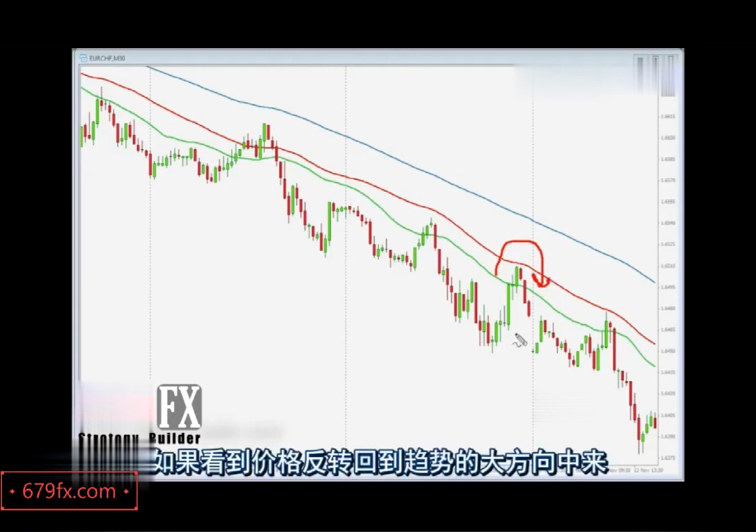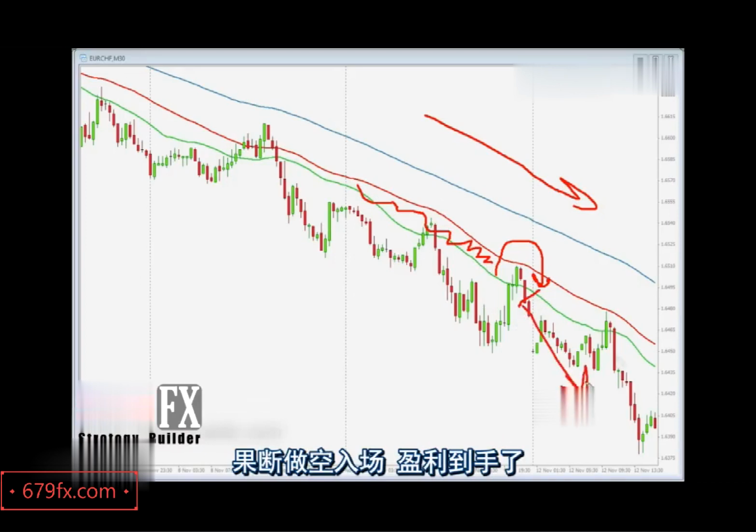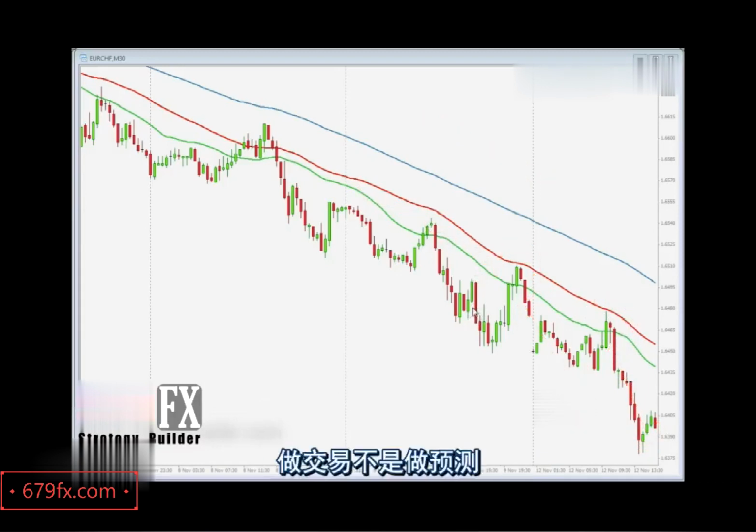When they see the price turning around in the direction of the main trend, up on a bounce off an area of resistance, bang, they enter short, and bang, they score some profits. When they see the confirmation, bang, they enter short there, bang, they're ready for a new swing down. All right. Like I say, always remember, trading is not prediction. Trading is reacting quickly. That's all what trading is about.